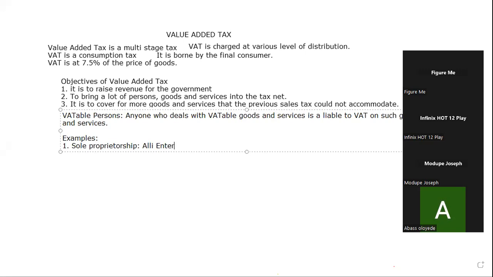I'm only giving an example. Number two is limited liability company. Example, Bimidebe Nigeria Limited. Do you get it?